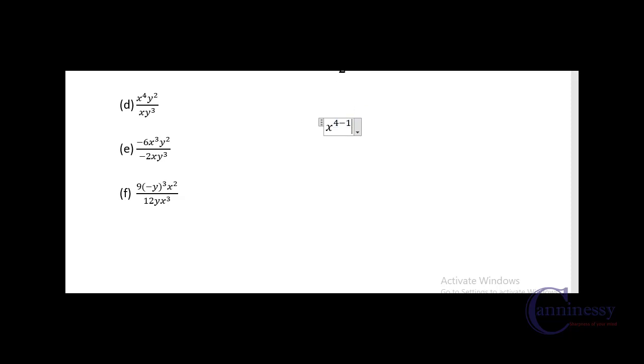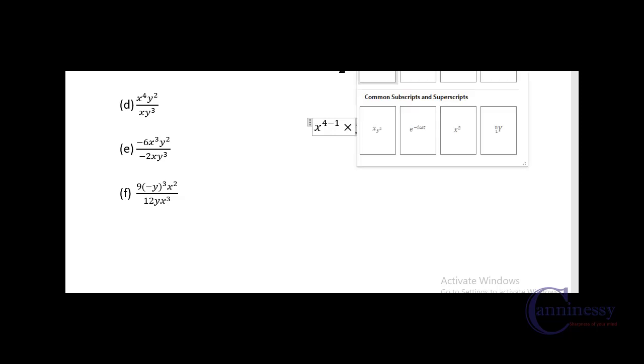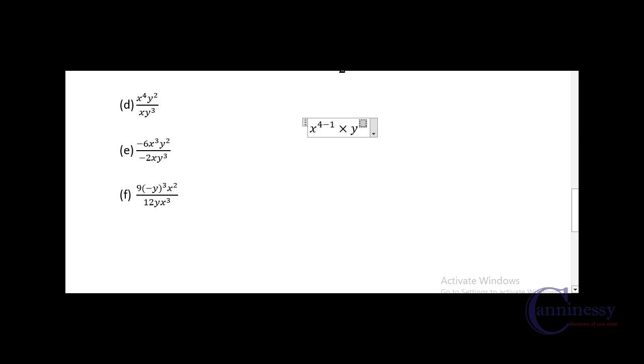Then multiplied by y, our last base in this problem, y to the power 2, right? Then minus 3. Here we are applying the second law.